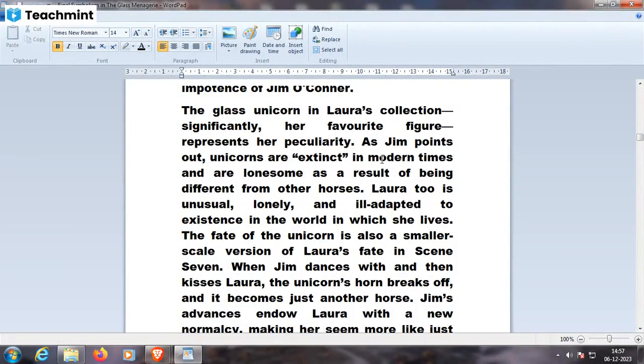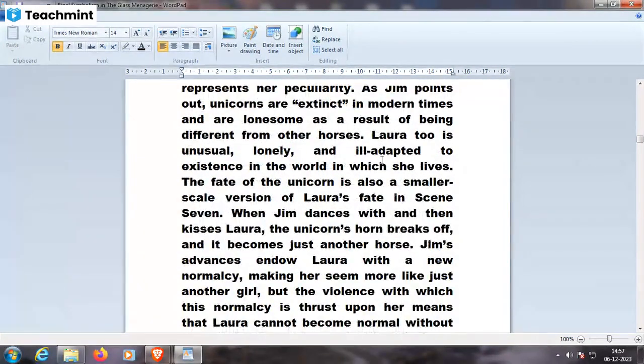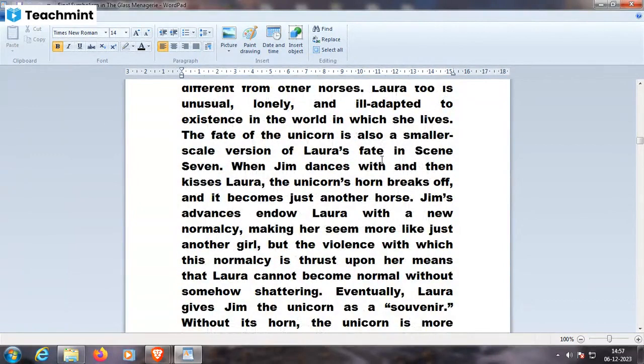So Jim advances into Laura with a new normalcy, making her seem more like just another girl. But the violence with which this normalcy is thrust upon her means that Laura cannot become normal without somehow shattering. Eventually, Laura gives Jim the unicorn as a souvenir.